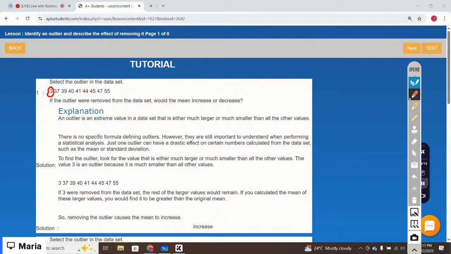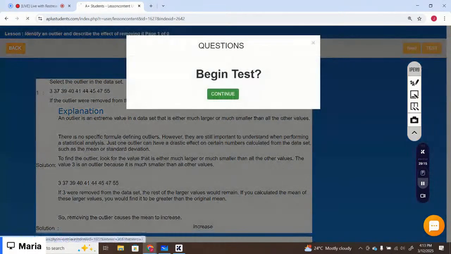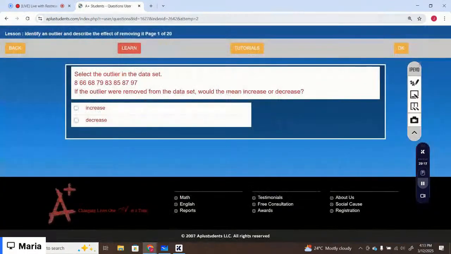Let's just start with the test questions. Select the outlier in the dataset. If the outlier were removed from the dataset, would the mean increase or decrease?